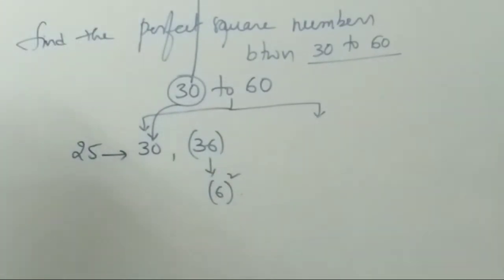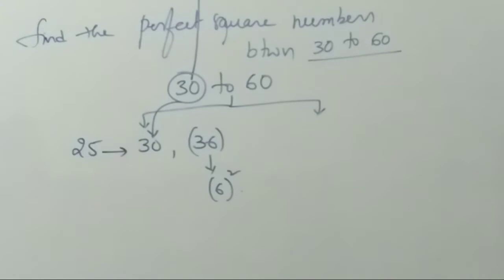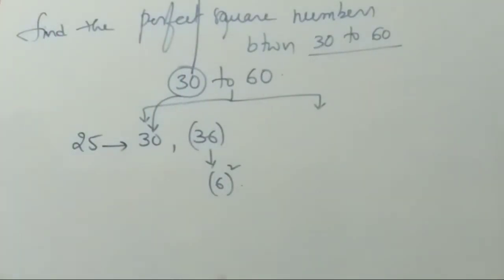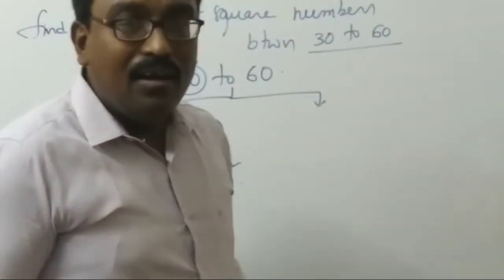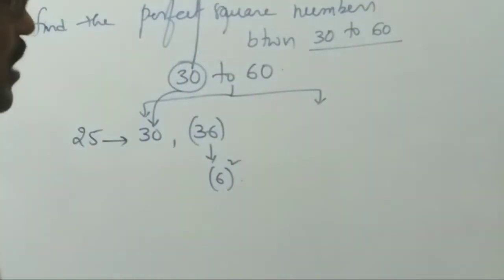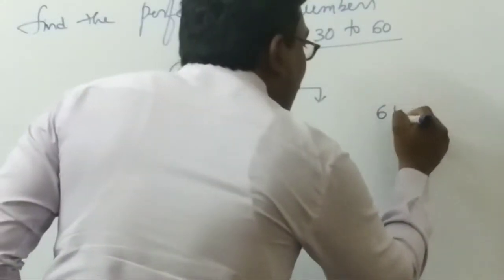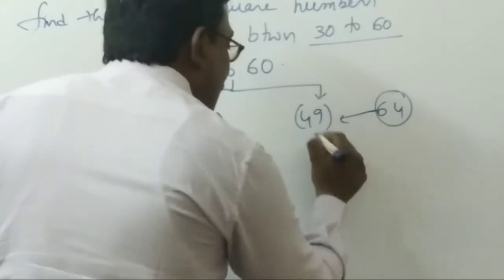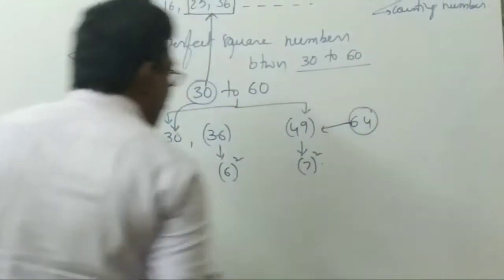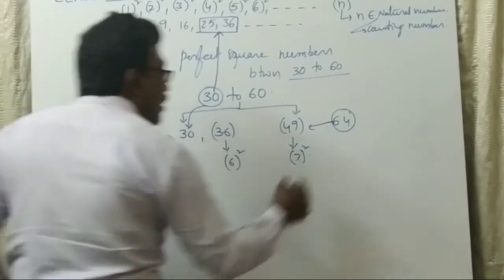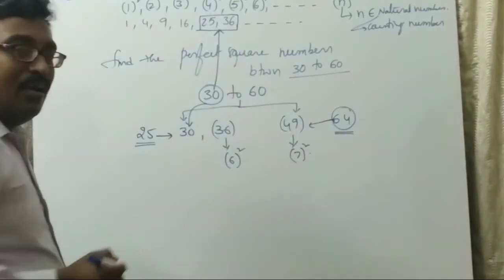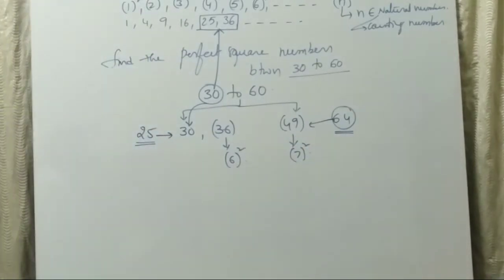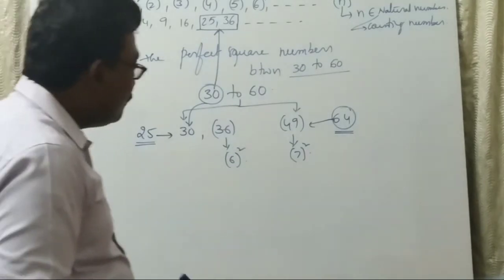Next, 60: keep on going. 7 square is 49. 8 square is 64. So between 30 and 64, there are only 2 perfect squares, 36 and 49.